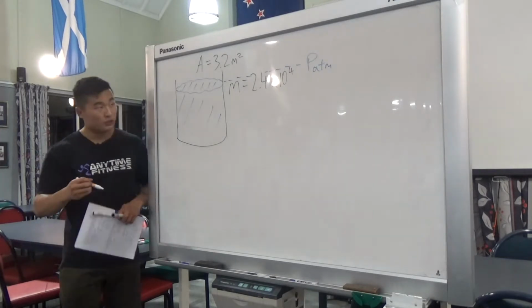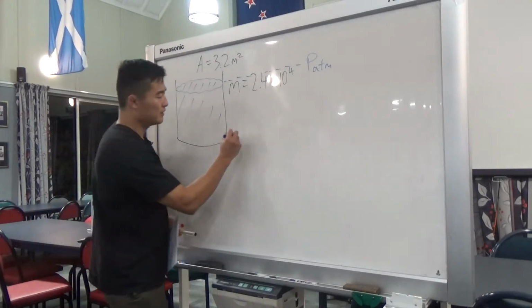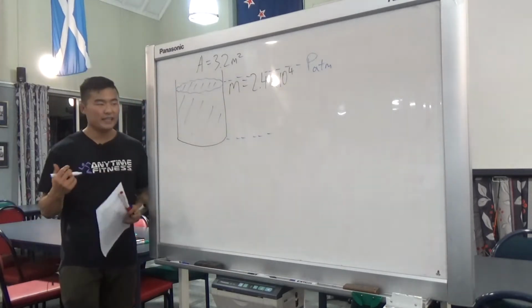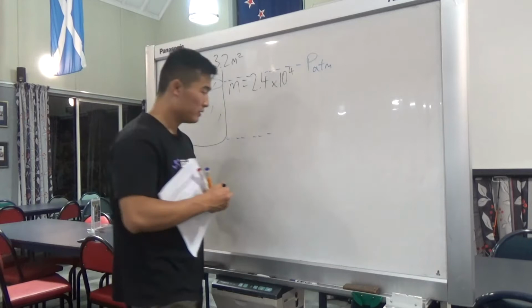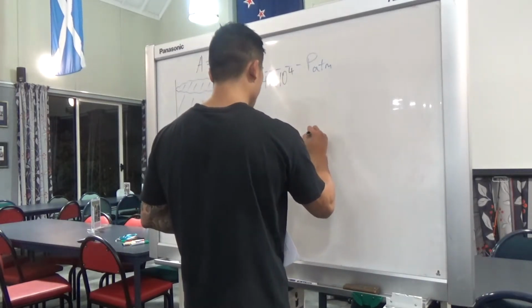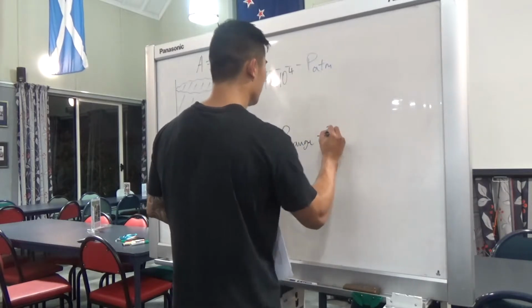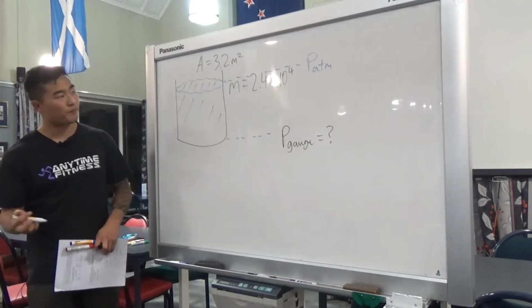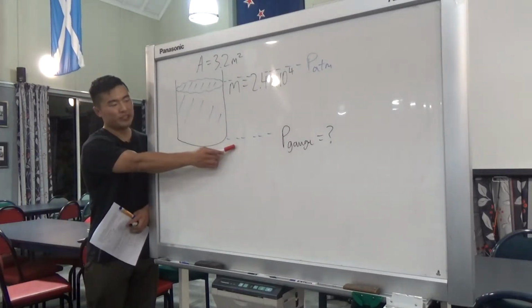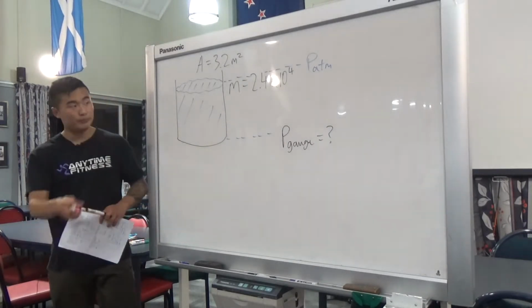And we want to know the pressure at the bottom of this tank, which is going to be P gauge equals question mark. Okay? So we just want to know how much more the pressure will be at the bottom of the tank compared to the top.